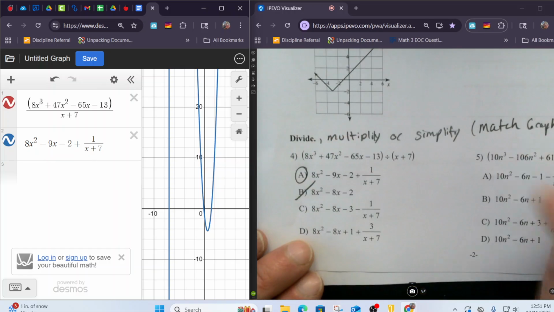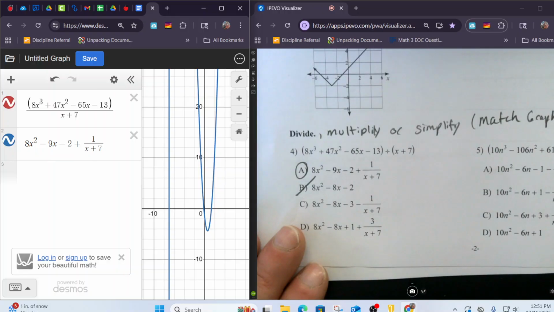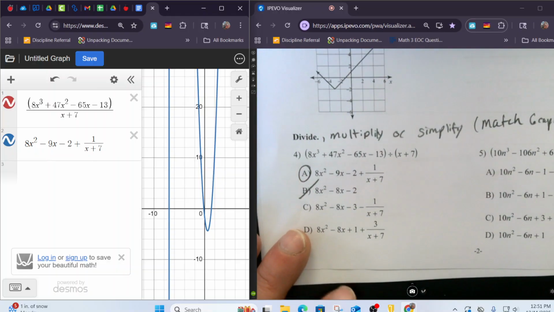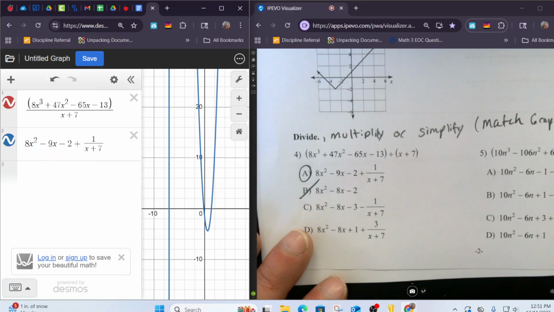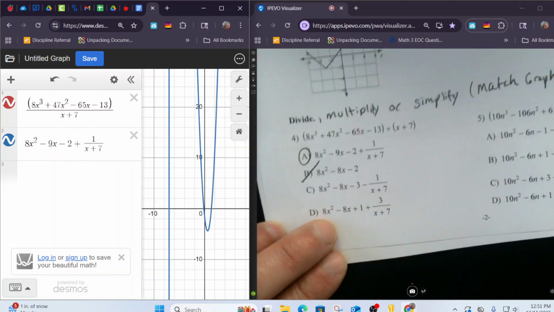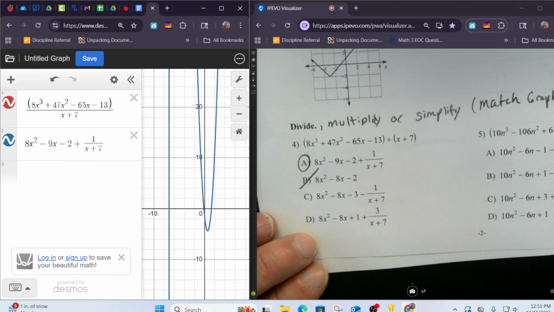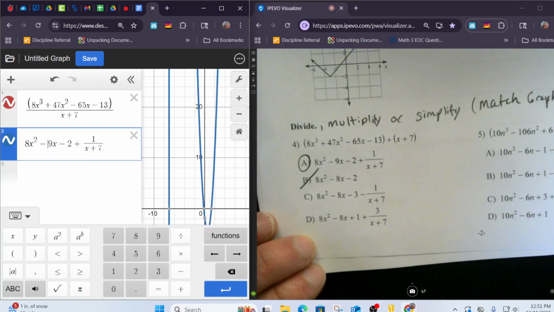Guys, there's going to be at least probably 4 to 6 of these on the test. It might be multiplying, dividing, or simplifying, but it's going to be on the test. So we know A is the answer, but say you put another one in.